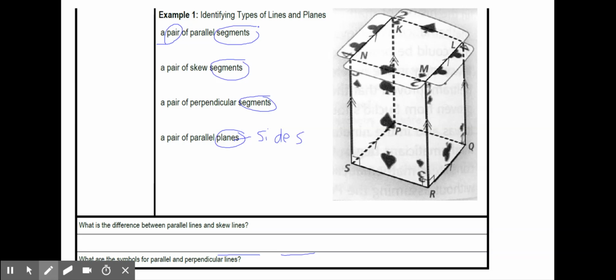So a pair of parallel segments. How about, well, it looks like we have a stack of cards. Let's find an easy to see segment like SR. So segment SR is parallel to, well, bottom, front, bottom, back, segment PQ.